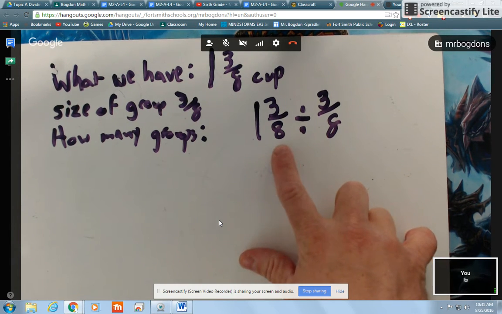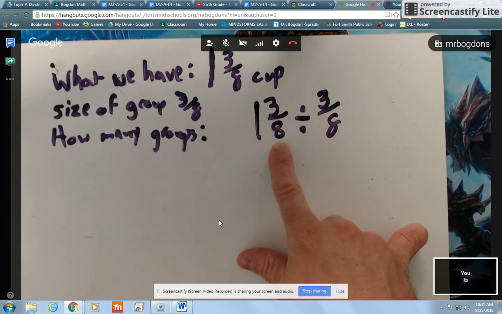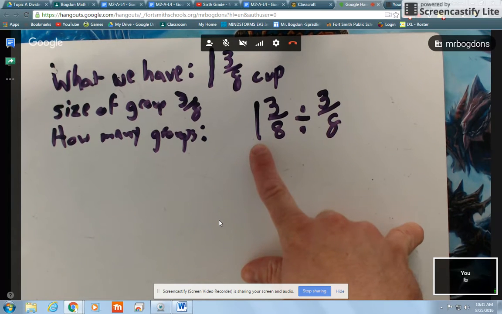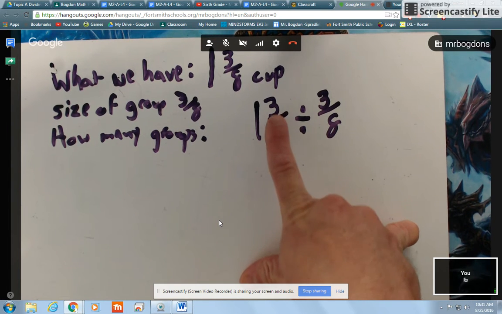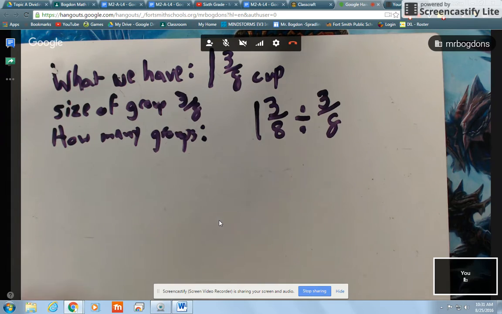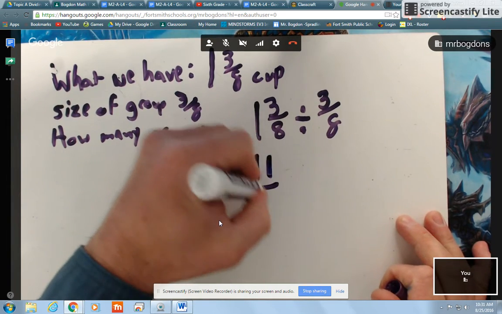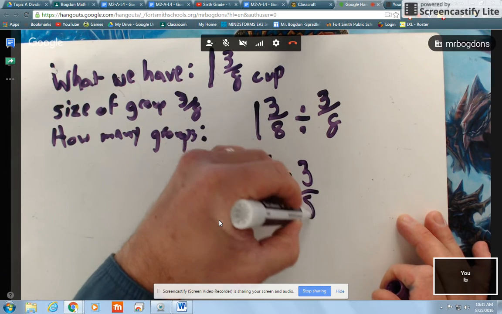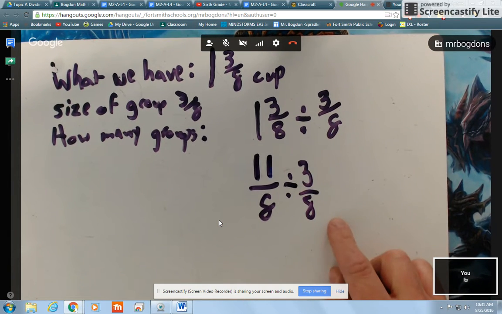Let's break it down. So, Cortera, I like what you did with yours because I saw your work. You changed the 1 3/8 into what? 11/8. Because this 1 represents 8/8. 8/8 plus 3/8 is 11/8.